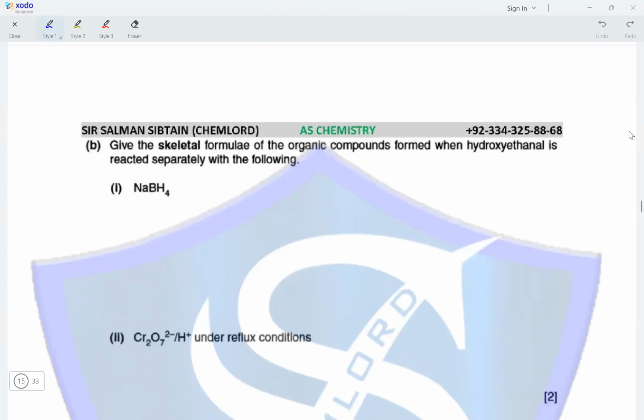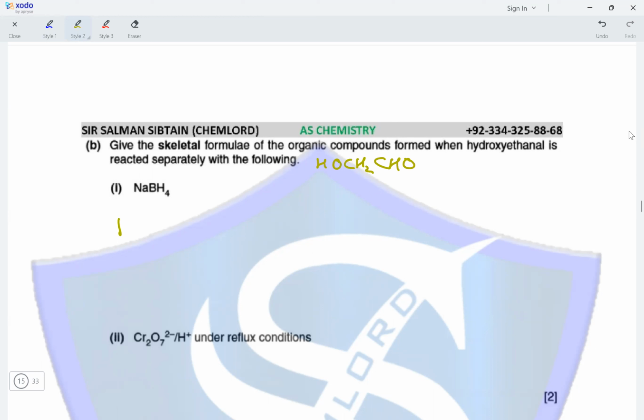Give the skeletal formulae of the organic compounds formed when hydroxyethanol is reacted separately with the following. So the structure of hydroxyethanol is HO, CH2, CHO. So when it is reduced using NaBH4, the aldehyde group is converted into a primary alcohol.